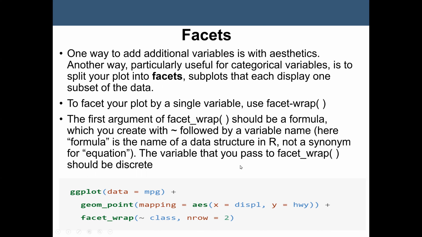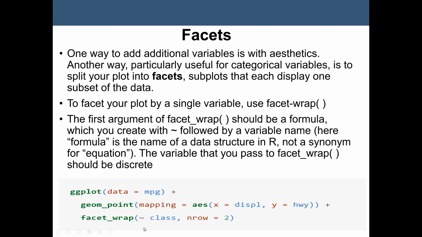The variable that you pass to facet_wrap should be discrete. Again, we know a discrete variable is a variable based on counting, and it's a whole number, a finite number. So again, we can use the facet to have subplots. Always, the first argument of facet_wrap should be a formula, which we create with our tilde.